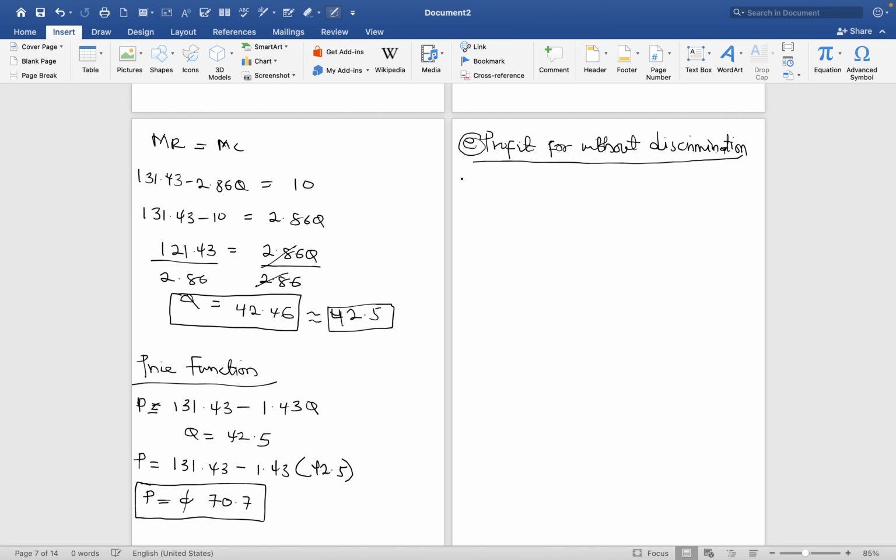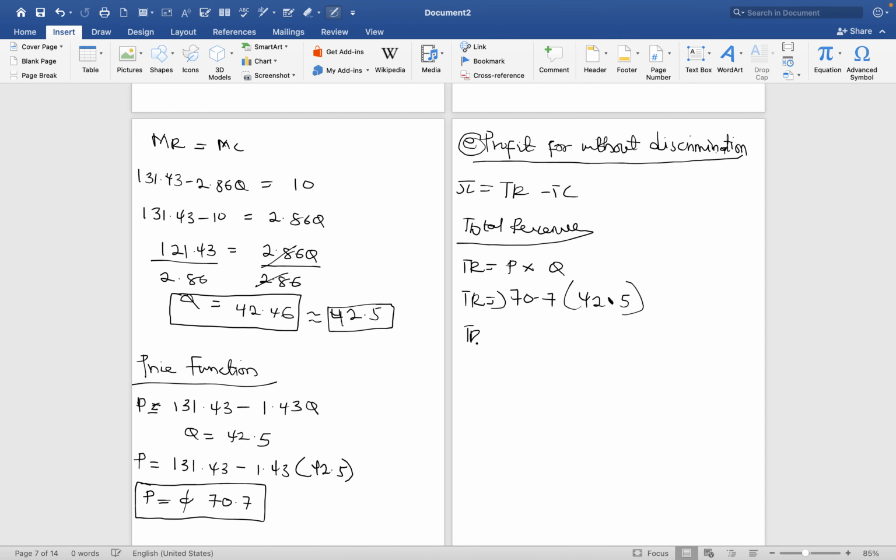So the same formula for profit. Profit is total revenue minus total cost, where total revenue is price times quantity. So with the total revenue, our price was 70.7 times our quantity, which was 42.5.